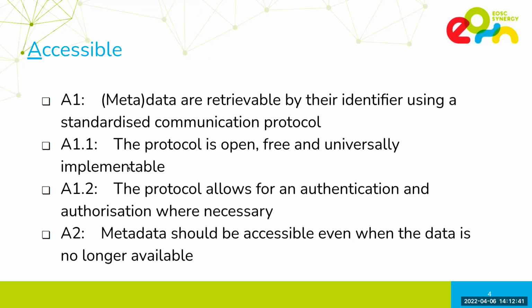And whether the protocol allows any kind of authentication and authorization, things that are more oriented to the technical part of the repositories and data portals. And I think it's important to understand this A of accessible.